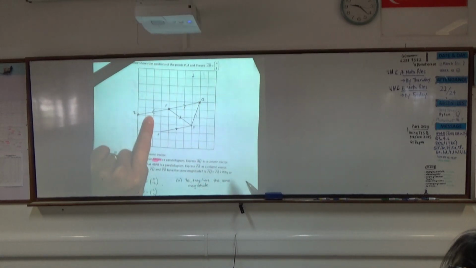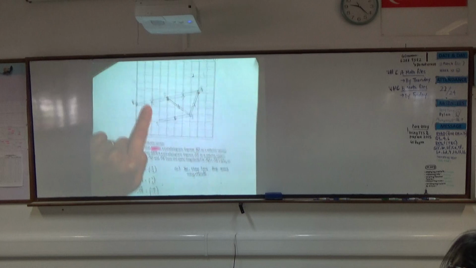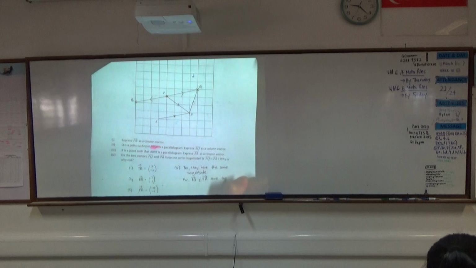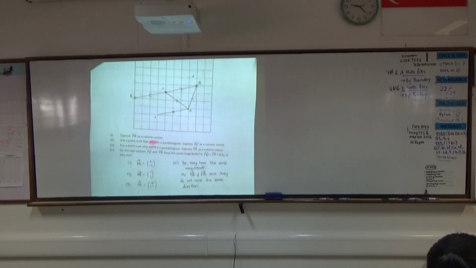For two vectors to be equal, not only do they have to share the same magnitude, they must also share the same direction. So no, PQ does not equal PR, since they do not have the same direction.